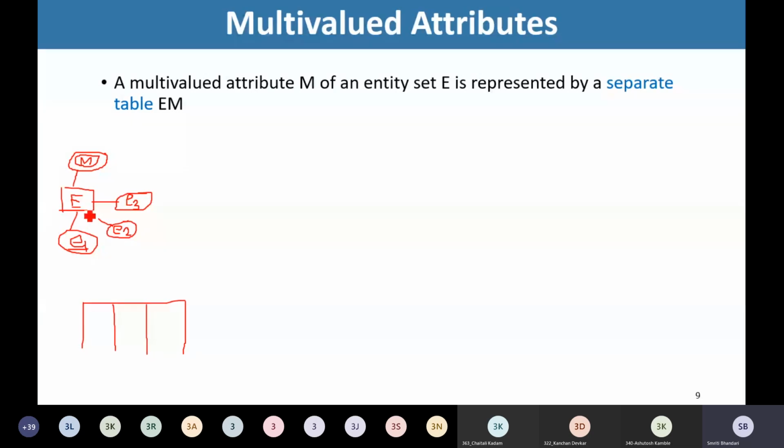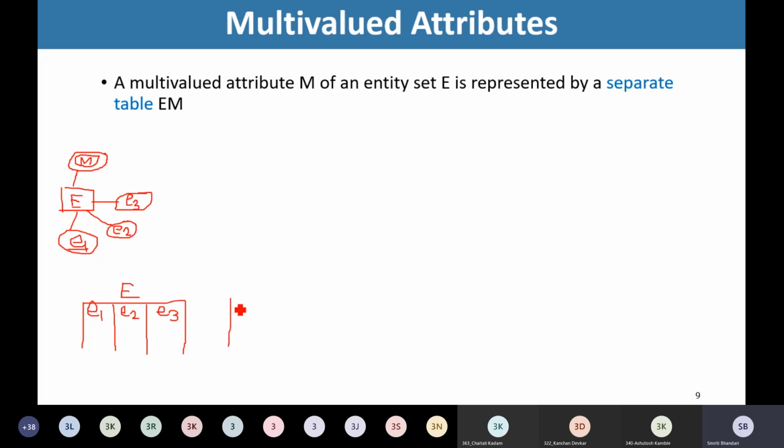So in this table, I will be having the attributes like primary key E1, that would be one column, E2, another column, E3, one more column. And now I am having this multi-valued attribute M. So to deal with this multi-valued attribute, I'll be creating one separate table. So this is a table corresponding to my entity set E.